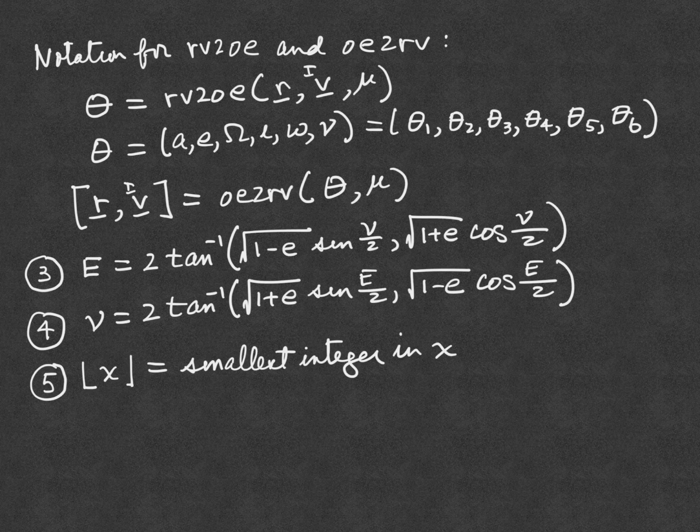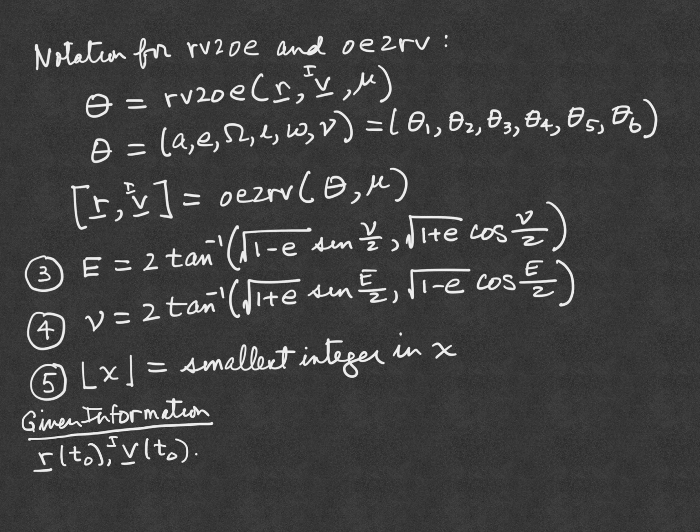So next, we need to state clearly the information that is given. So we're given the position at time t0, the inertial velocity at time t0, the initial time t0 itself, and the end time, which is t. And it's also important to realize that the position and the velocity are expressed in Earth-centered inertial Cartesian coordinates.